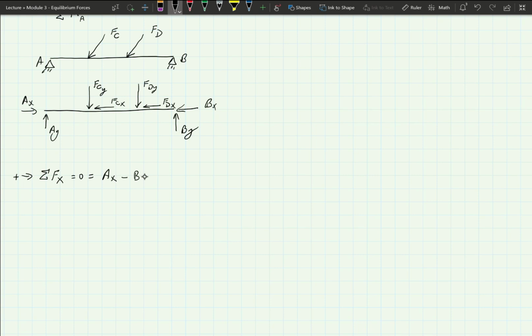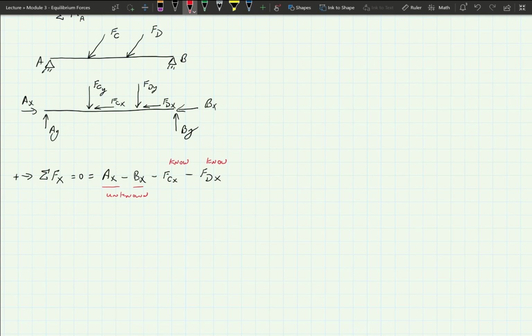AX minus BX, that takes care of my two outer sides, minus FC of X minus FD of X. Okay. I will know that because we can find the components of any force once we know the angles and stuff, but then we don't know these two. Okay, so that's a problem.